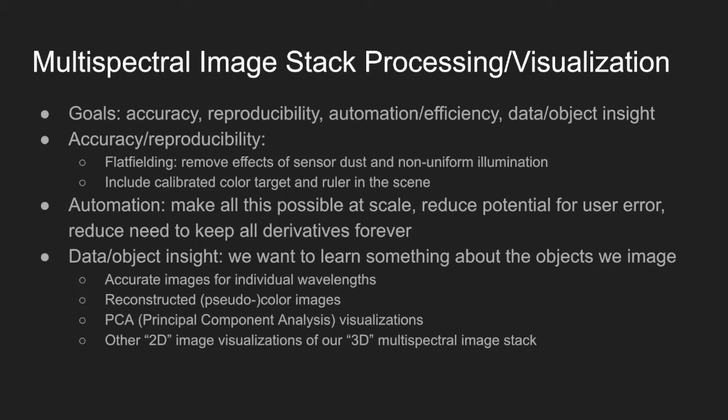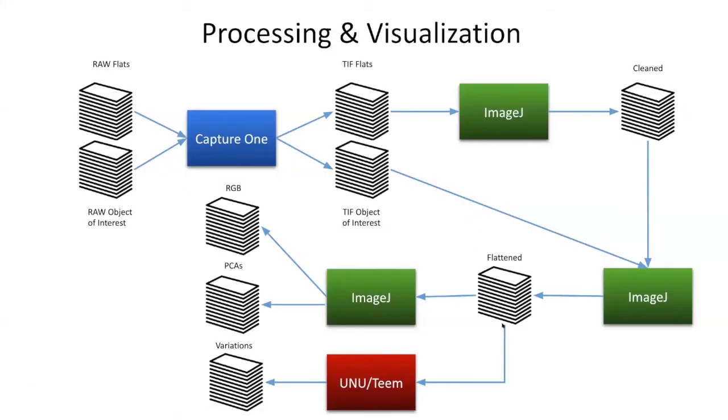But also reconstructed color images or pseudo color images. So reconstructed natural light images from a multispectral image stack can also give you information about the object. And then other visualizations like PCA, which has been talked about before, and any other 2D image visualization of our so-called 3D multispectral image stack. I'll talk about that a little bit later when I'm saying multispectral image stack is 3D. It's just a way to consider the multispectral images.